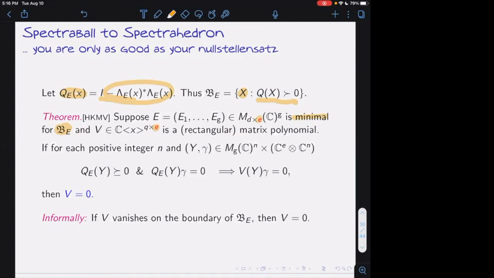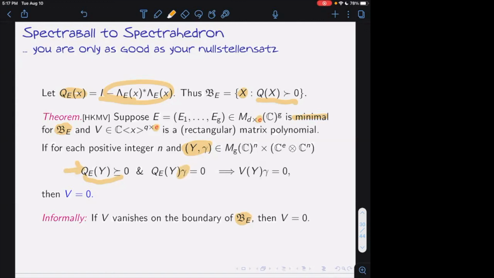The only constraint is that it's got to be the right size for the formulas to make sense. And the condition we're assuming here is really going to be the condition that B vanishes on the boundary of BE. By boundary of BE, I mean tuples Y, gamma, where Y is a matrix and gamma is a vector, for which QE of Y is positive semi-definite. That's just saying Y is in the closure of the spectral ball. And then you want to say it's actually in the boundary. That means this should have a kernel, and this vector gamma is actually in the kernel.